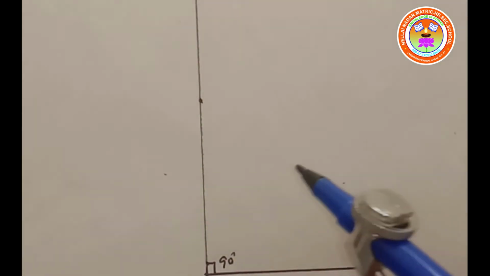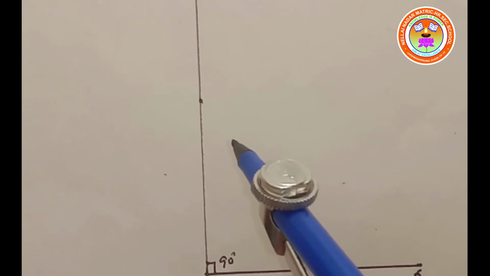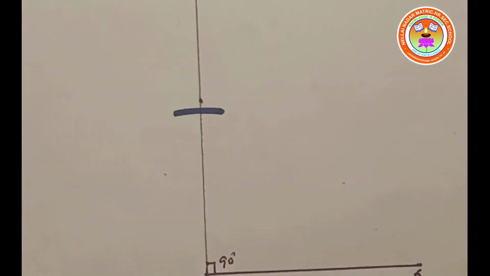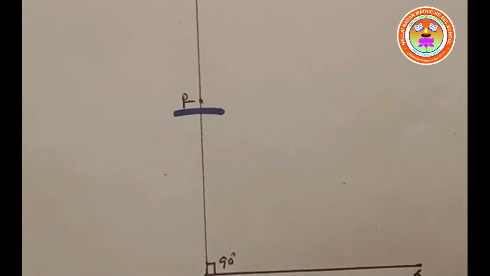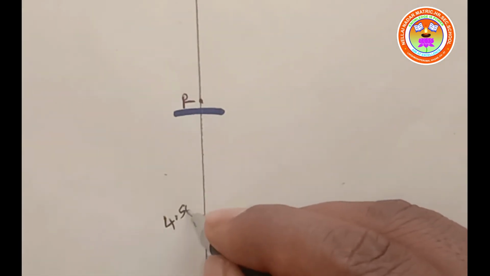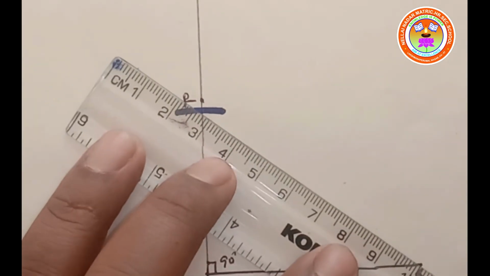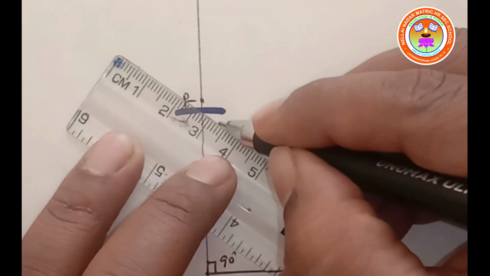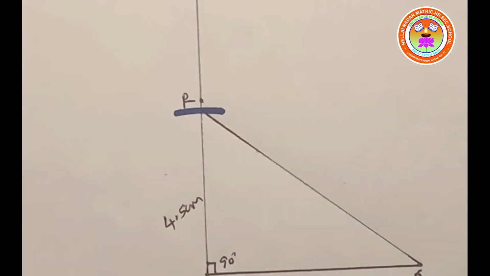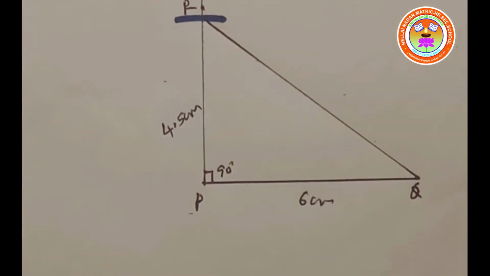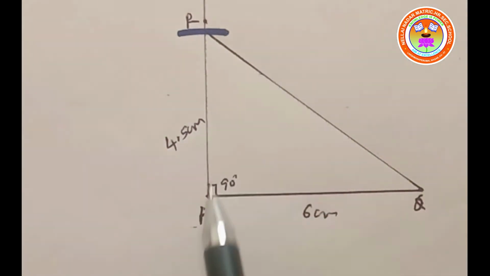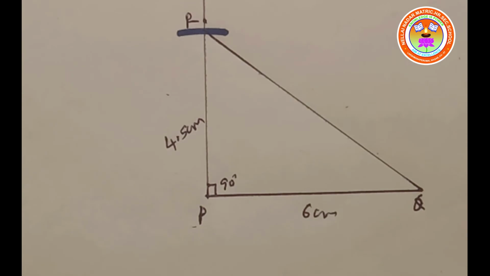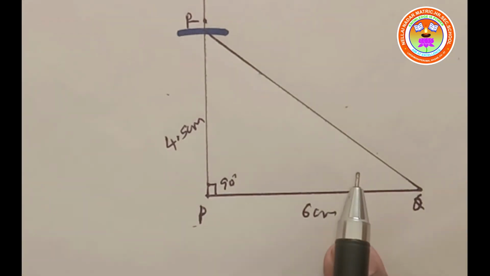From P as center and radius 4.5 centimeter, cut at R. This point is R. Now PR value is 4.5 centimeter. Join QR. You get a triangle PQR. It's clear, children? Now you have three sides: PQ, QR and PR. You take any two sides, I am going to consider PQ and PR.